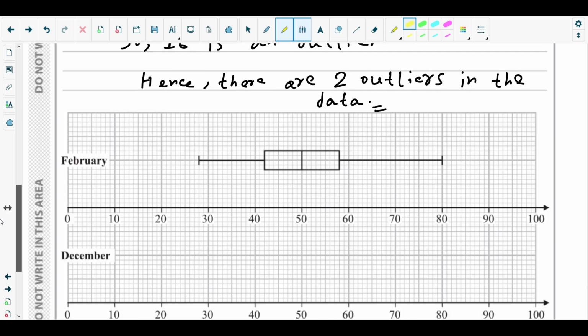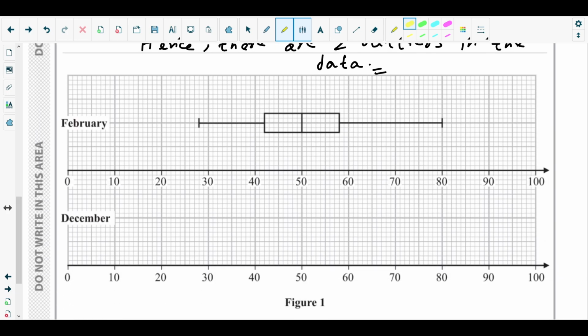Okay, so consider the box plot. For the box plot, at first where will it start? 23 is given here. Look, 21, 22, 23. Okay, this is basically the lower range.